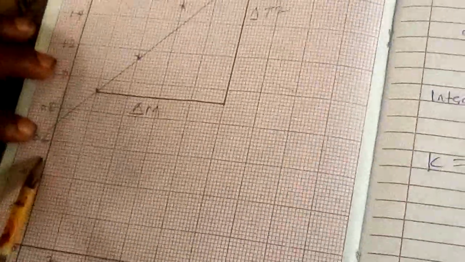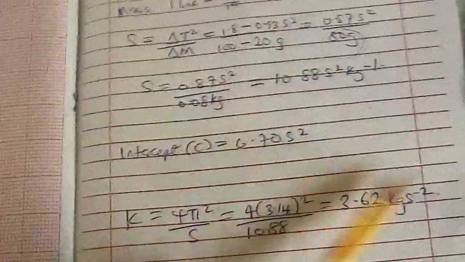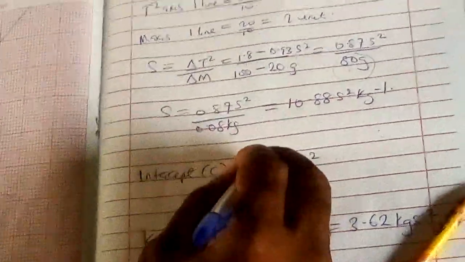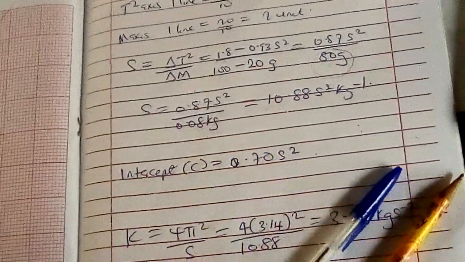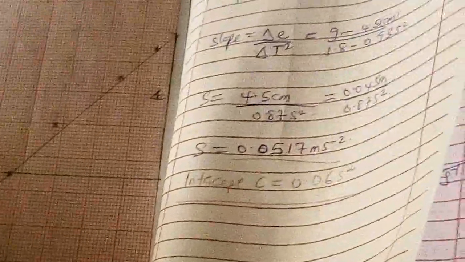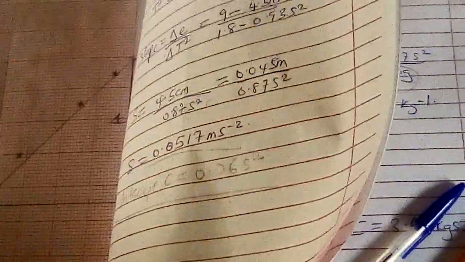So for this one, the intercept is on the vertical axis. Reading the intercept, we have 0.70. And the vertical axis is in seconds squared. So you look at the two values: 0.70 seconds squared.